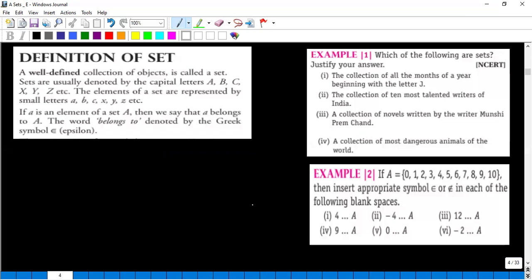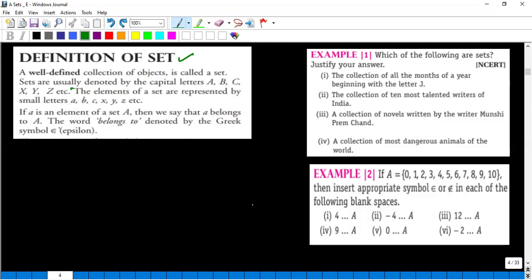Then coming to the definition, you all can see on the screen the basic definition, which is very useful. A well-defined collection of objects is called a set. Sets are usually denoted with capital letters A, B, C, X, Y, Z, and the elements we take inside them are represented by small letters.